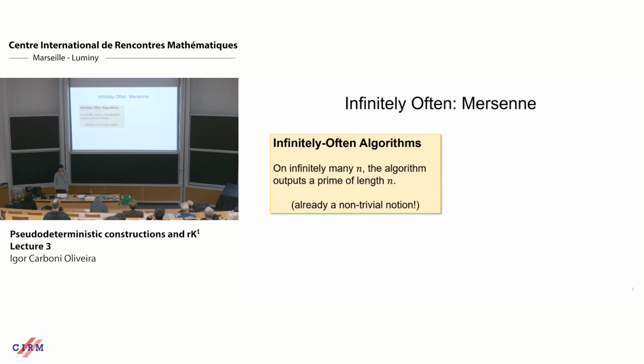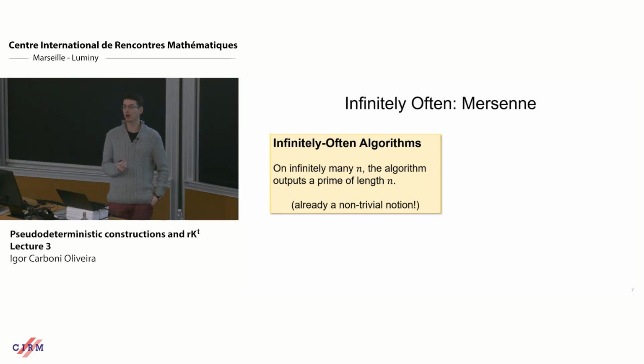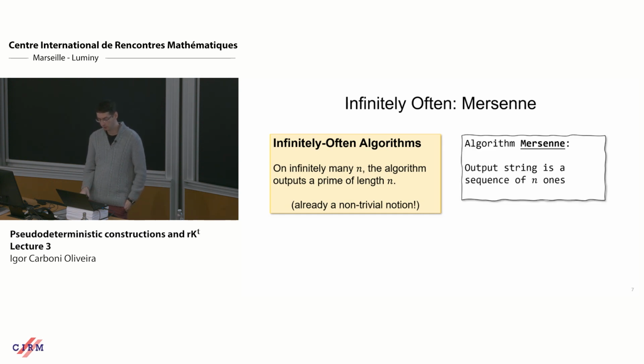Now, let's look at an easier question. I only require you to generate infinitely many primes. And here's a simple procedure that tries to solve this question. Given n, we just output a sequence of n ones. So that's the algorithm.